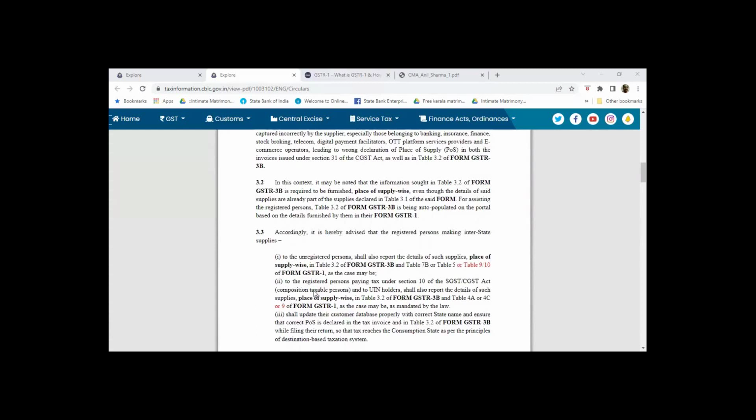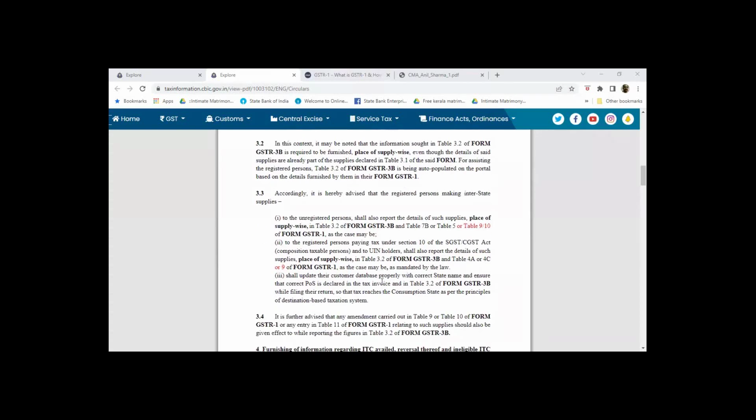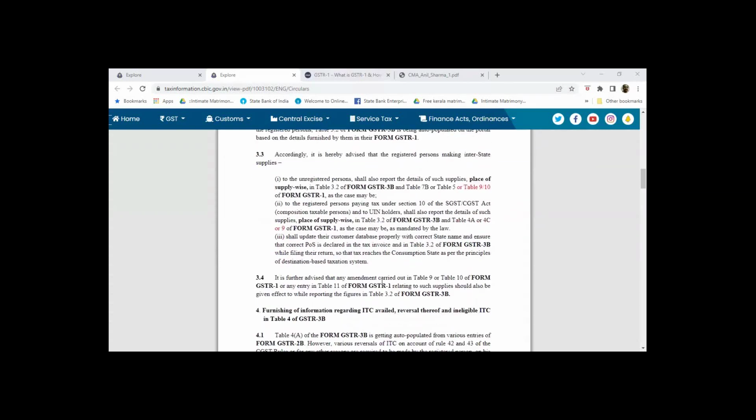So to assist the registered persons, table 3.2 of Form GSTR 3B is auto-populated on the portal based on details furnished by them in their Form GSTR 1. So table 3.2 is already auto-populated from Form GSTR 1. So the taxpayer can verify the same and make any corrections if necessary.